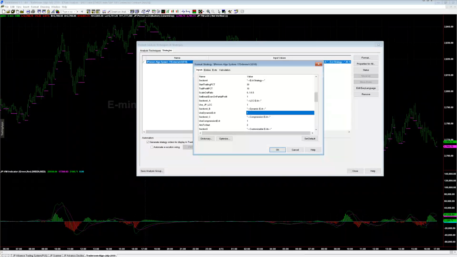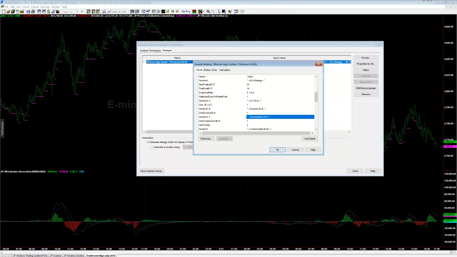All right. The next one is the compression exit. What is compression exit? And that's why you can optimize. You can optimize all these three at the same time. So if you optimize this and say, well, what's the best profitable way of trading in the market? Do I want a last conditional change, the dynamic, or compression?